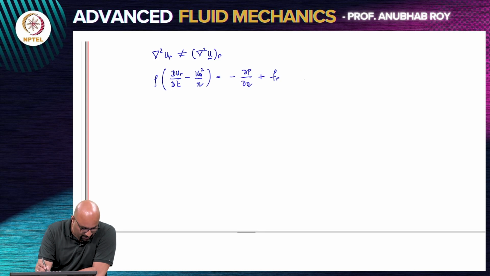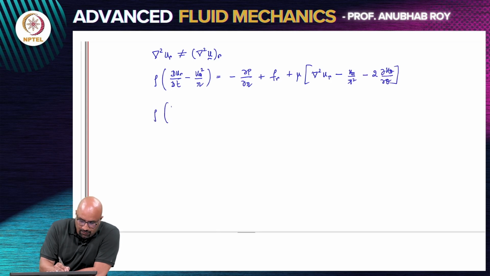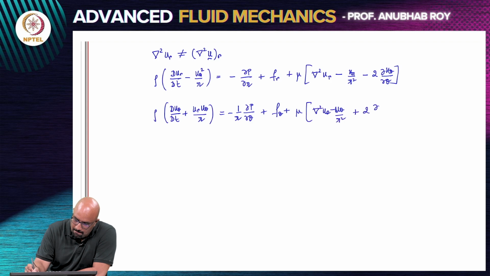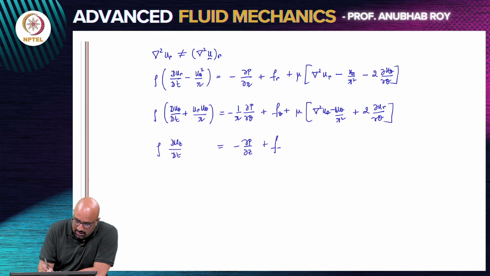If you had a body force, you could have a body force in the equation. Del square ur, if you write your uθ, there will once again be an additional term, and the z component is more or less along our expected lines of what we have already seen in Cartesian coordinate system.